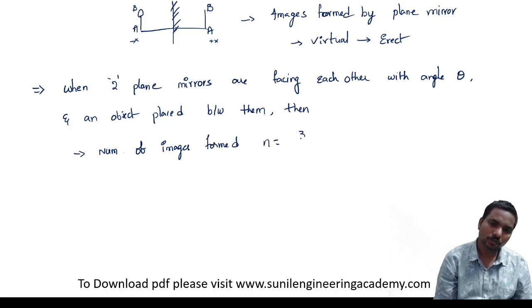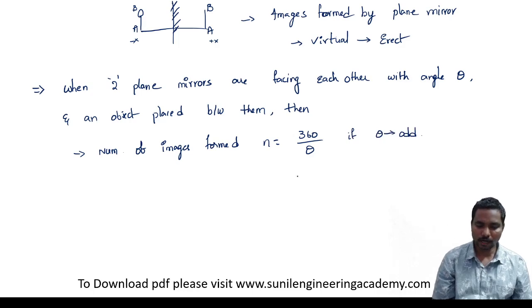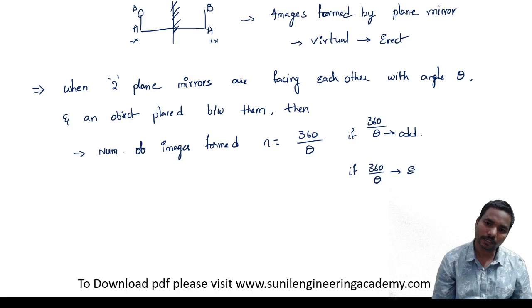n is equal to 360 by theta, if 360 by theta value is odd. In case 360 by theta is even, then the number of images formed is 360 by theta minus 1.